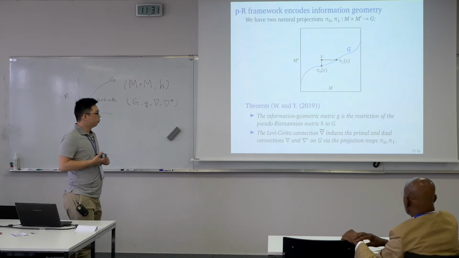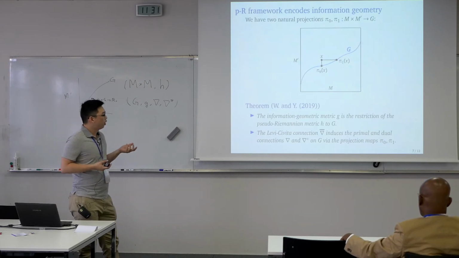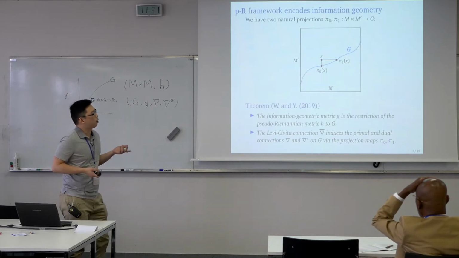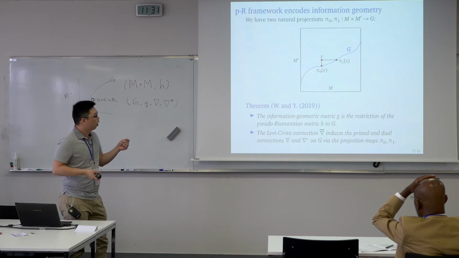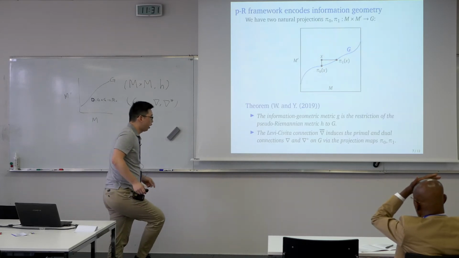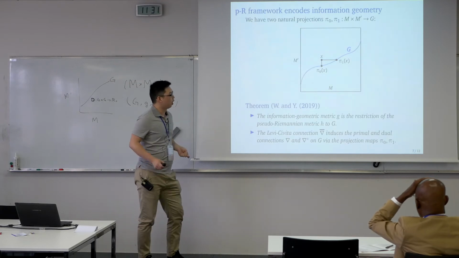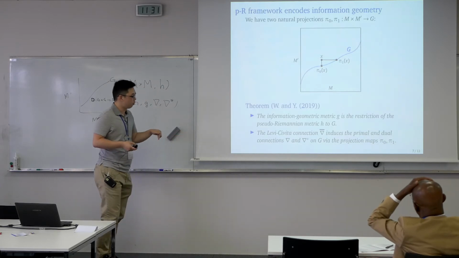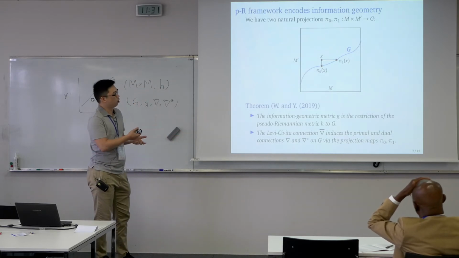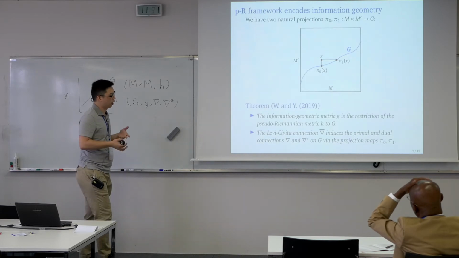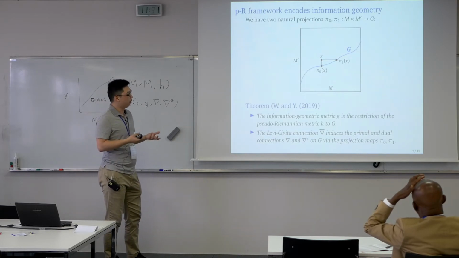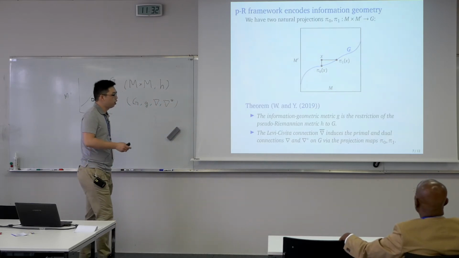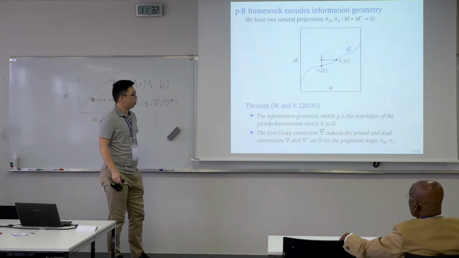Before stating the theorem, let me first define two projections from the product space M times M prime to the graph G. For any point X in the product space, you can project it vertically to graph G with pi 0, which keeps its coordinate in M invariant, and respectively pi 1, which looks like horizontally, keeps its coordinate in M prime invariant.